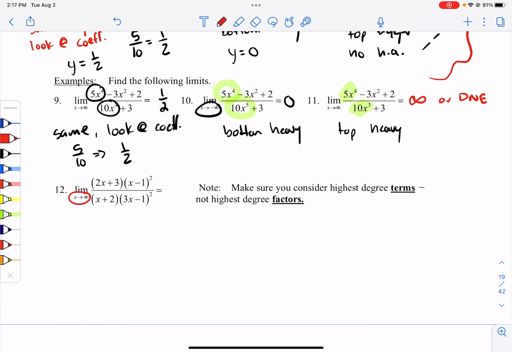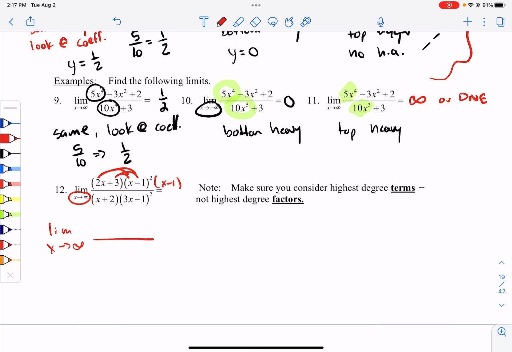So if I were to take this whole top and multiply it out, FOIL and do all that big ugly mess, and then I'd have to times it by another x minus 1, basically what I'm doing is multiplying everything together. If I were to multiply everything out on the top, the only thing I care about is my x value.